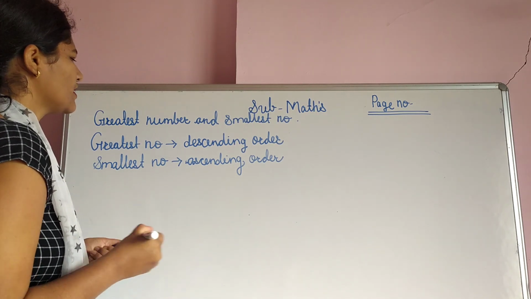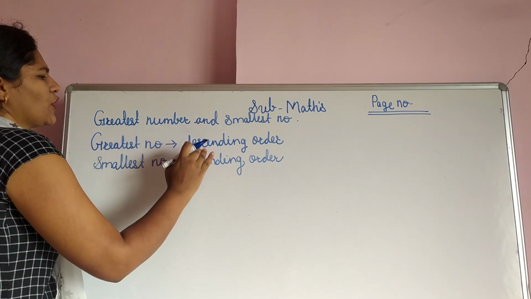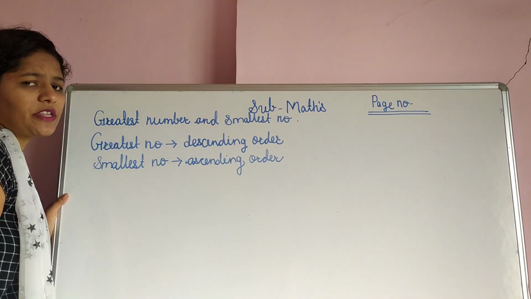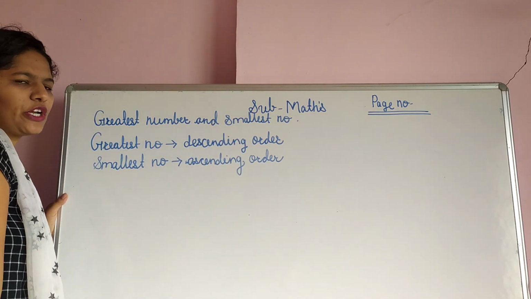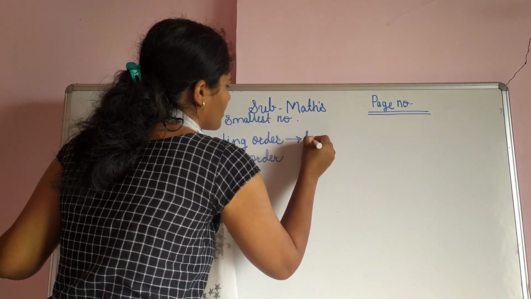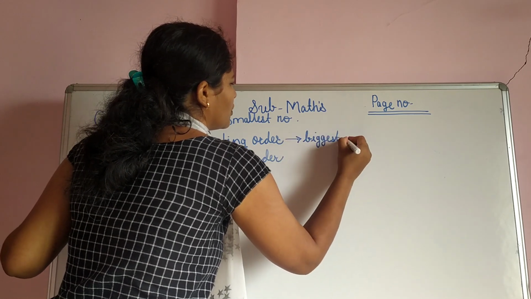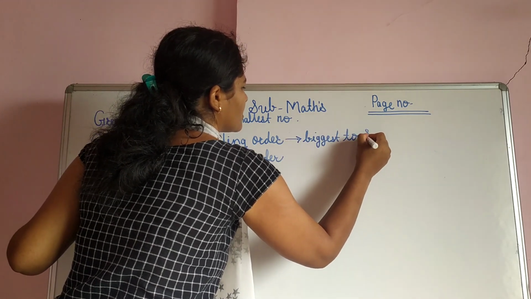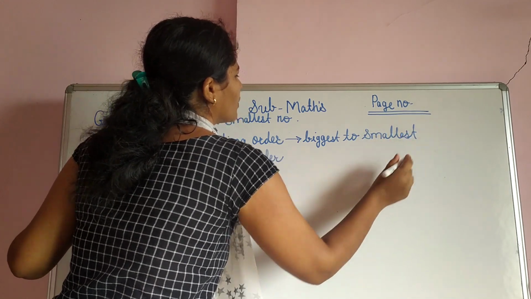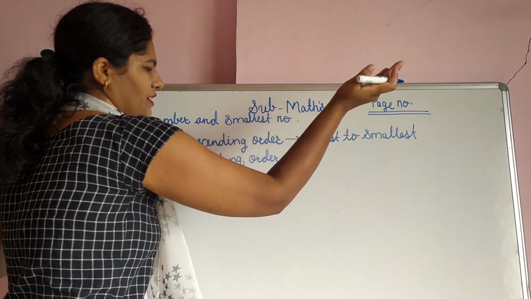Greatest number means you have to order digits in descending order. Descending order means what? Small to big or big to small? Descending order means biggest to smallest. Okay, so descending order means big digit to small digit.